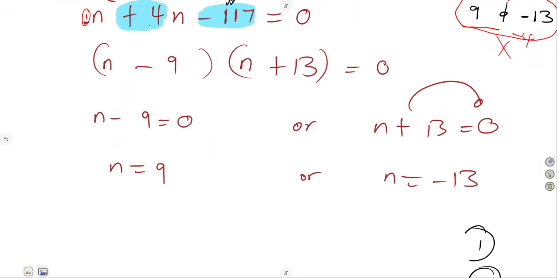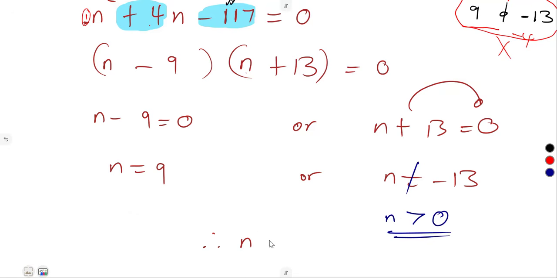And talking about number of terms, there is no way that we can refer to a number of terms as negative. As long as we are talking about number of terms, our n is supposed to be greater than 0, being an integer, a whole number. So our n is 9, which is a positive value greater than 0.